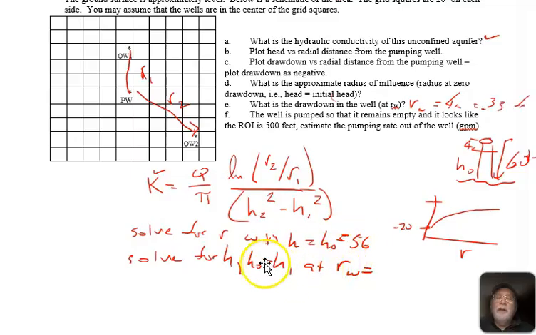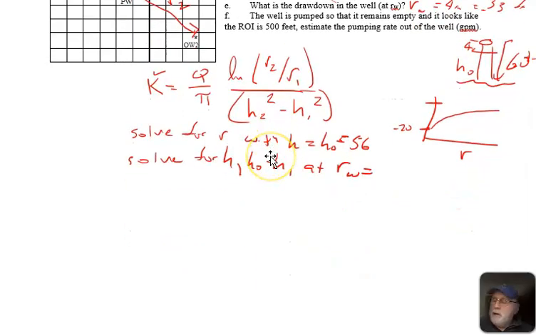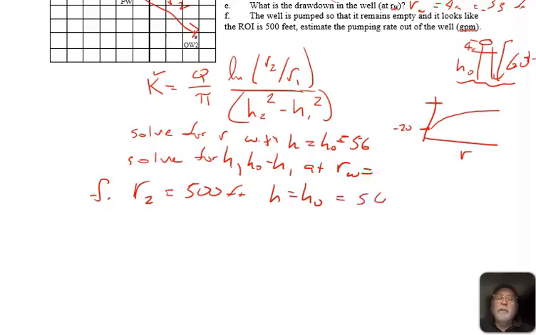Now we'll change the Q. The well is pumped so that it remains empty, and it looks like the radius of influence is 500 feet. So part F, what do we have? R2, one of our R's, is the radius of influence, and the head equals H0 equals 56 feet at that point. And then at RW, again, that's 0.33 feet, H equals 0. Can I have an H of 0?